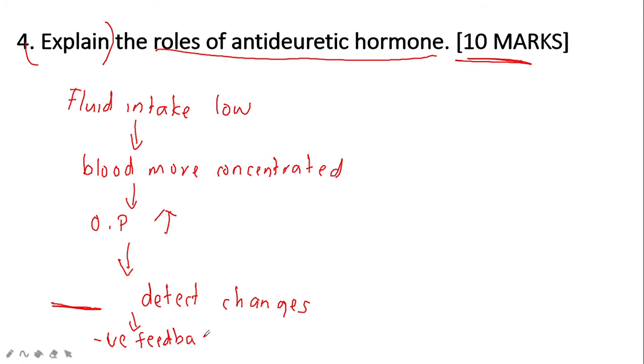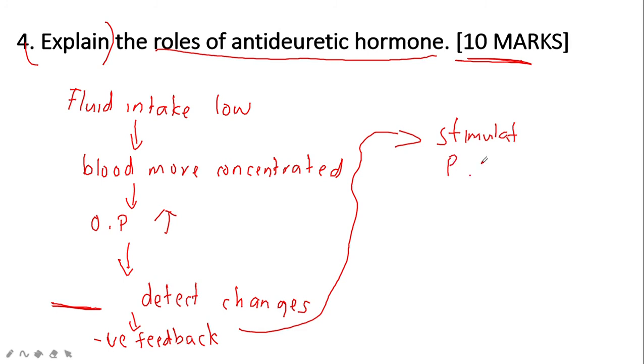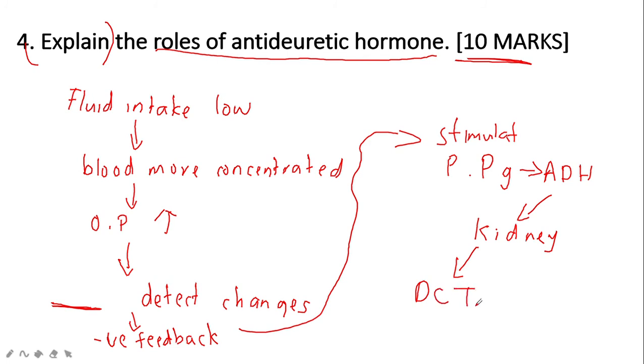Okay, and then what happens is they will stimulate the posterior pituitary gland to release ADH. Okay, so after that ADH will go to the kidney, and the effect of ADH is on the distal convoluted tubule and collecting duct.